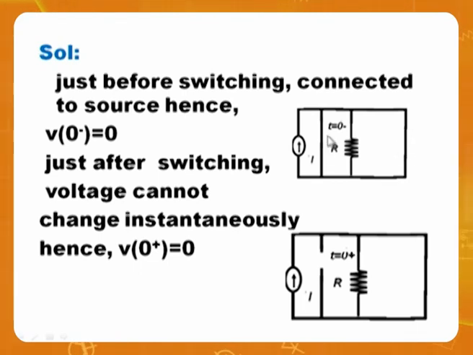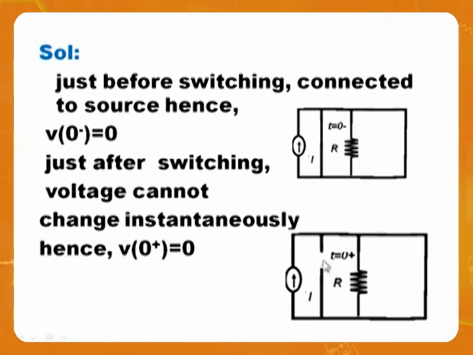Once again I am repeating, please follow, this is a capacitor. It's not connected to the source because current is going here and here. No current is coming, therefore it could not develop any voltage. No voltage means what? Short circuit. The same voltage, whichever is 0, will follow here because a capacitor cannot change its voltage instantaneously.